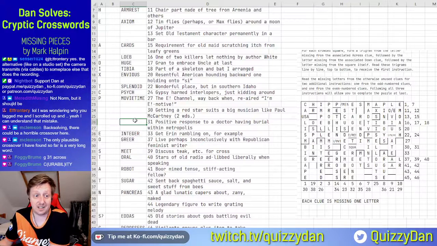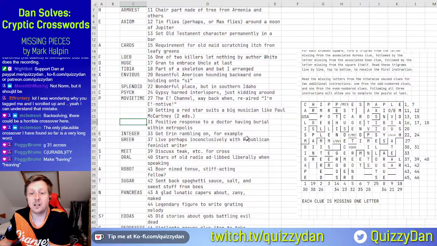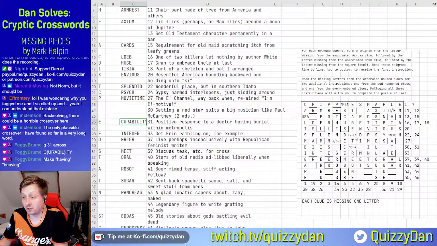So city is the... Having becomes heaving. So we're going to be anagramming burial within city. So that's curability. And that is the positive response. So that's got to be ability.